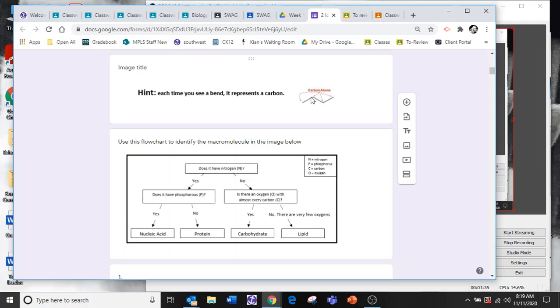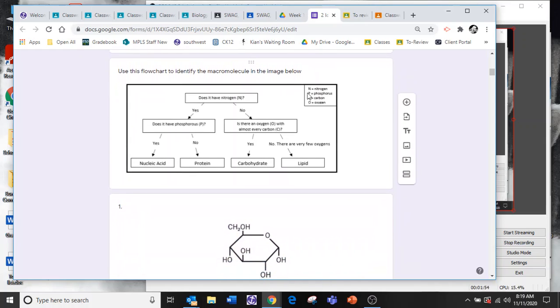There's a carbon there, there's a carbon there, okay? So instead of placing a C in all those spots, they just leave it blank and chemists know, okay, where there's a bend, there's a C.